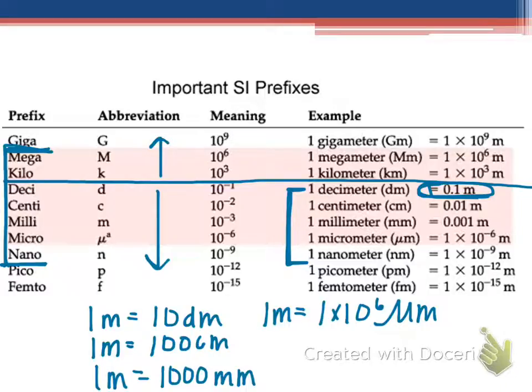Micro is the Greek letter mu, drawn like a little U with a tail on the front. And 1 meter is equal to 1 times 10 to the 9th nanometers.